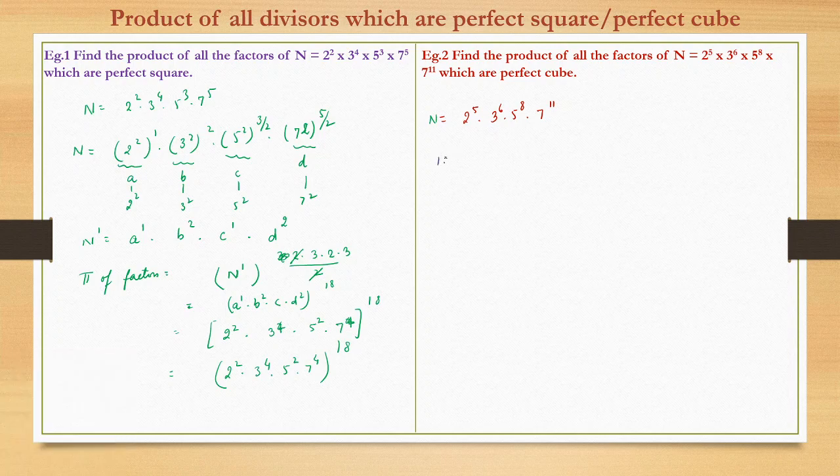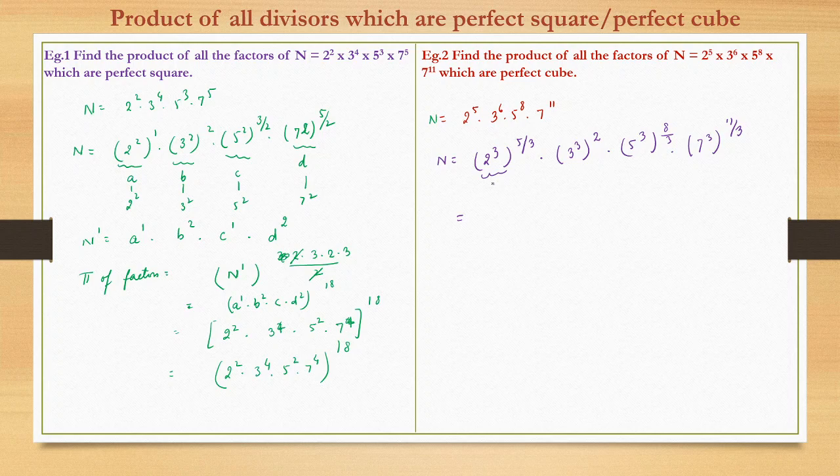We will try to rearrange this as 2 raised to power 3 into 5 by 3, then 3 raised to power 3 into 2, then 5 raised to power 3 into 8 by 3, and 7 raised to power 3 into 11 by 3. Right. So now what would happen?